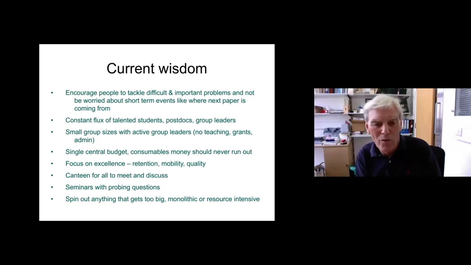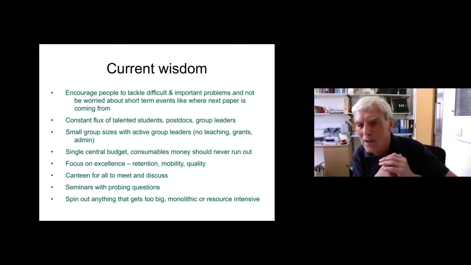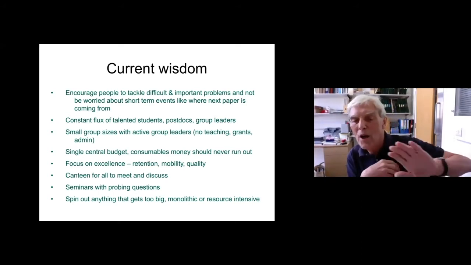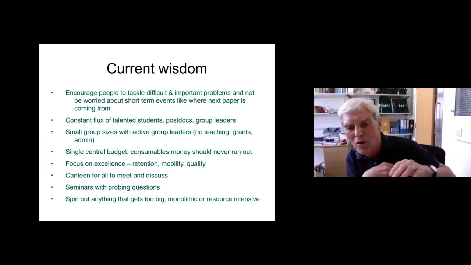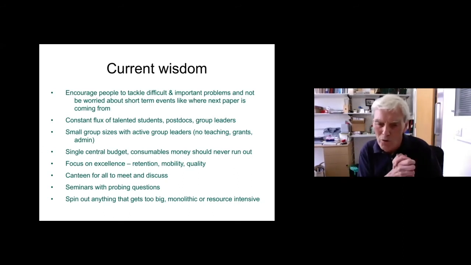We've got the canteen, we've got the seminars, and then another idea, which is probably illustrated by the spin out in genome sequencing: once something gets too big and monolithic and requires lots of resources, the idea would be to spin it out into another institution or a company or a startup so that the lab can focus on the small scale research and constantly looking for new ideas.